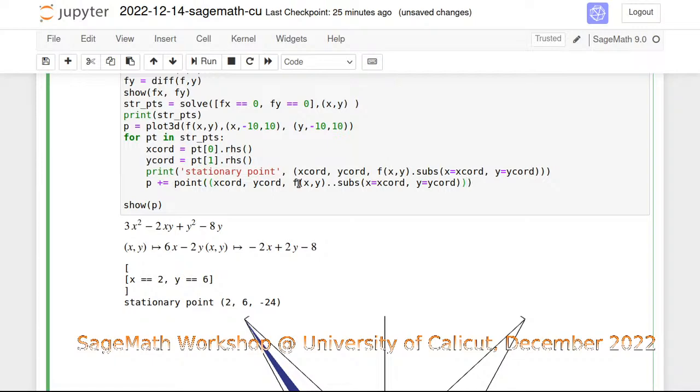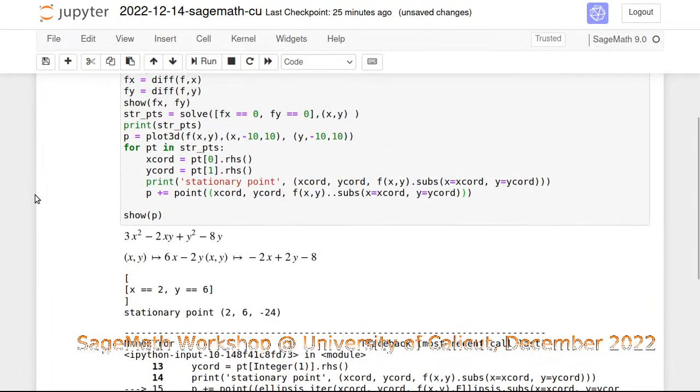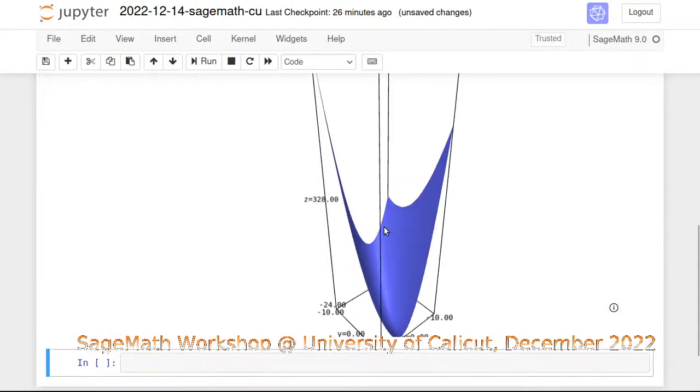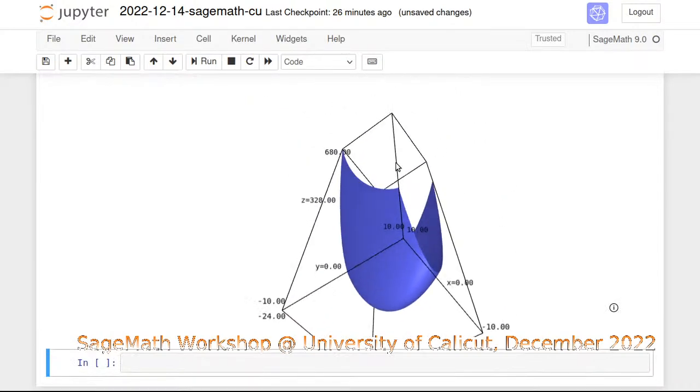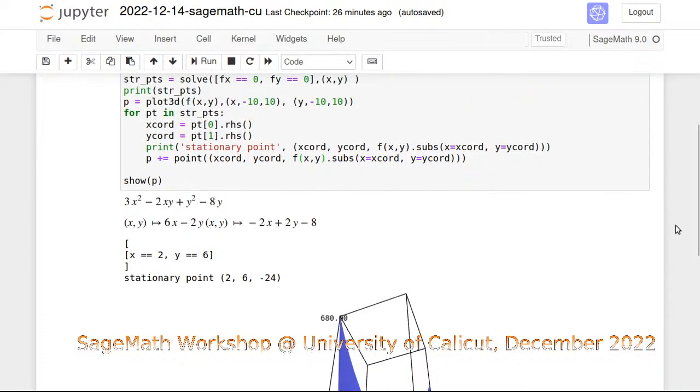And the size of the point is going to be very small, so I don't know whether we are in the range where it is 2, 6, minus 24. Therefore, x and y, yeah, that's fine. X and y going up to 2, 6, we have anyway included minus 10 to 10. So the only thing is the size of the point.